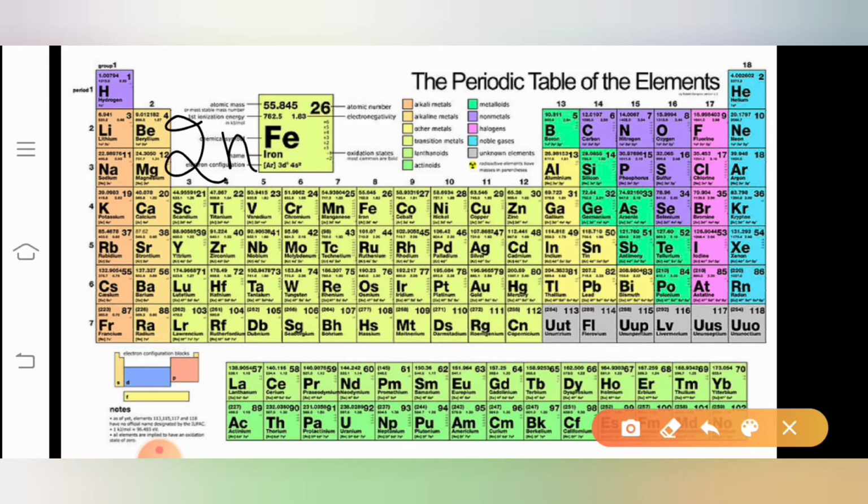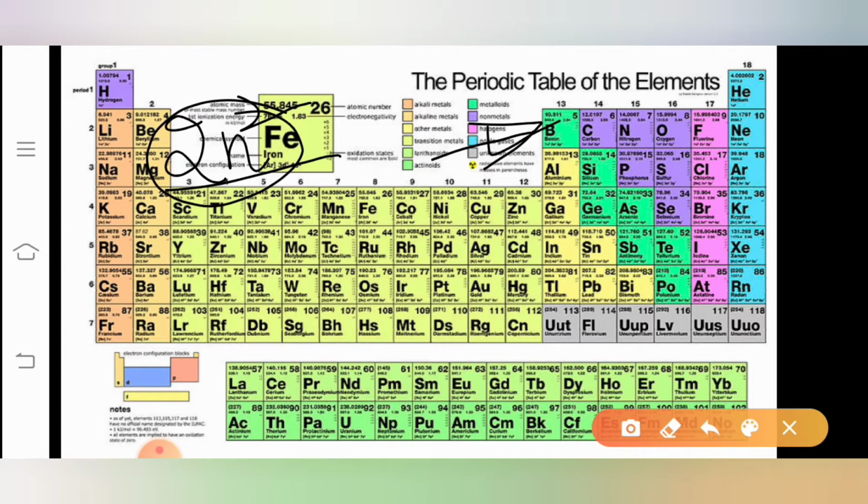I hope you are all very familiar with this 2n square formula. Correct? So by knowing this formula, I can come to know the maximum number of electrons that can be accommodated in a shell. Correct?